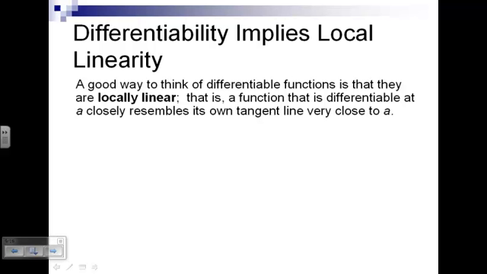If I zoom in far enough, the function appears, at least in that very little space, linear. And that little space where it appears like a line, that line will have the same slope as the tangent line.